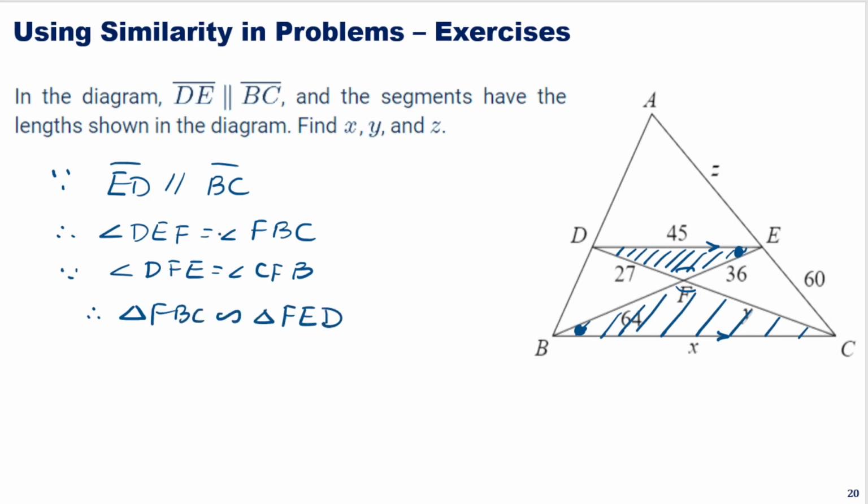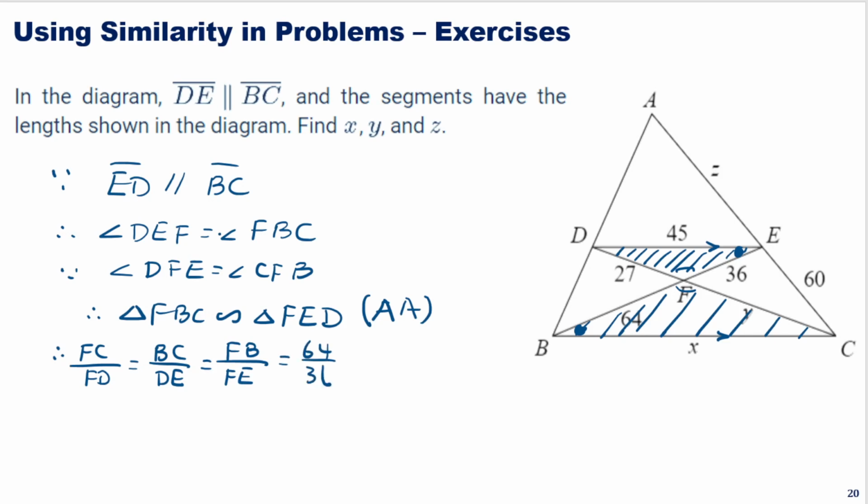Be careful, you need to write the vertices in order by AA, right? Therefore, we know FC over FD must equal BC over BE equals FB over FE equals 60 over 36 equals 16 over 9, right?